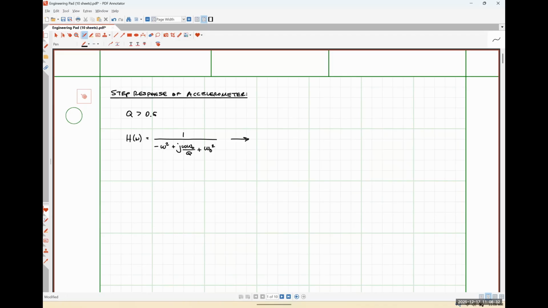Okay, so we're going to have a response, and I drew a picture of it in the last class meeting where we had ringing and all of that kind of stuff. I'm going to define a new term here, okay? So this is going to be omega d, and this omega d is what's known as the damped resonant frequency, okay?